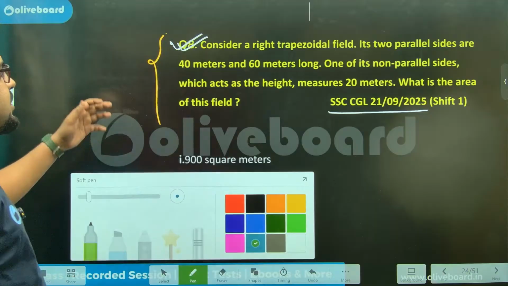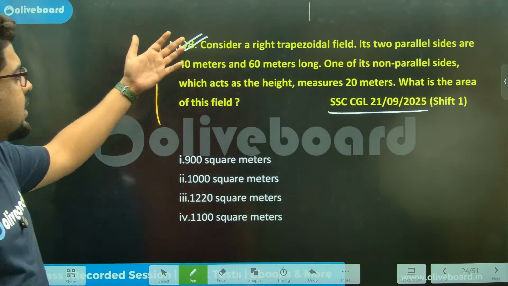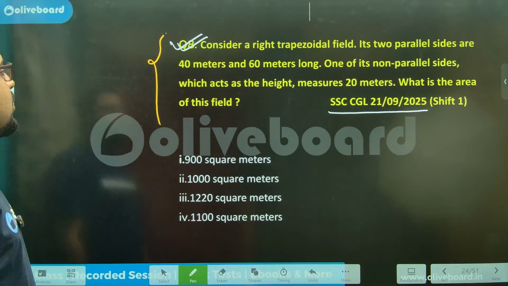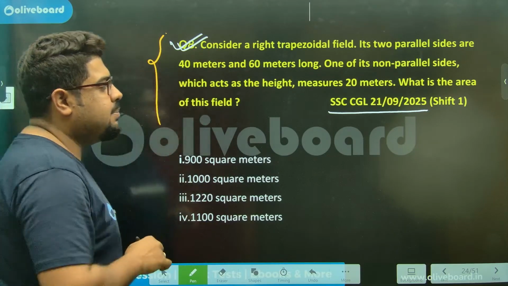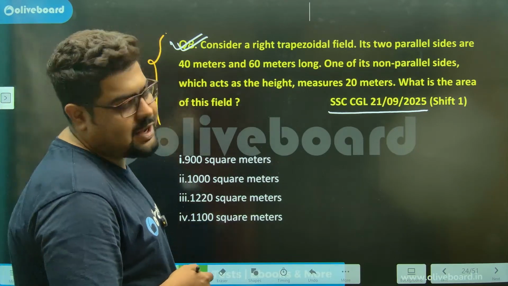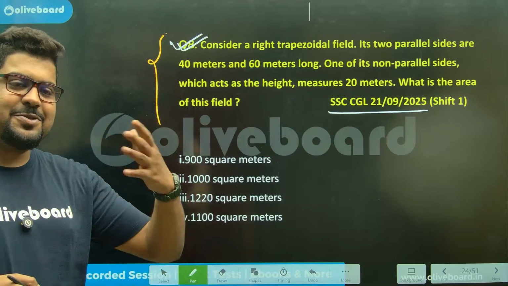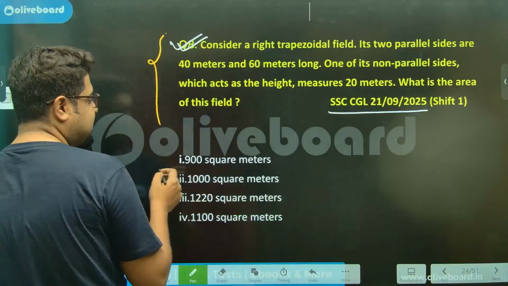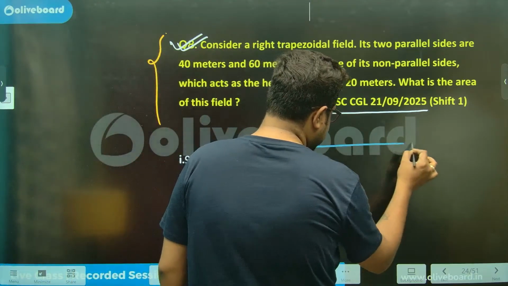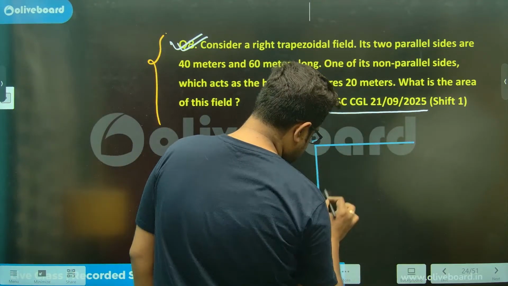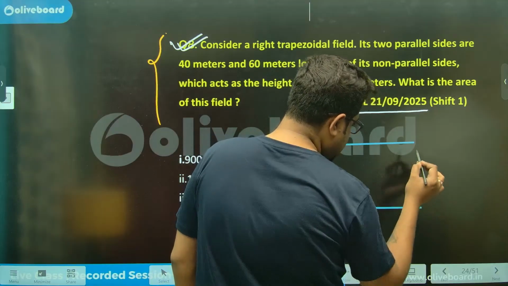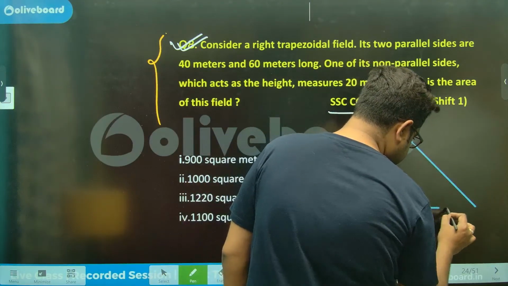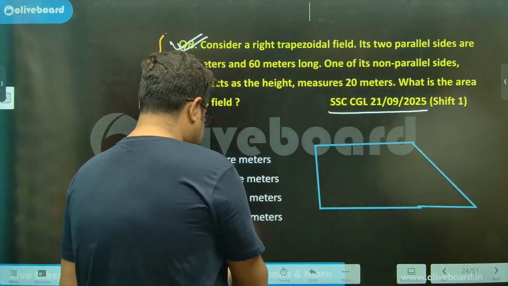Sir, consider a right trapezoidal field. Two parallel sides are this. One of the non-parallel sides, which acts as the height, measures 20 meters. Meaning, sir, it's a tricky trapezoid, not your regular trapezoid. Meaning, the trapezoid looks something like this.